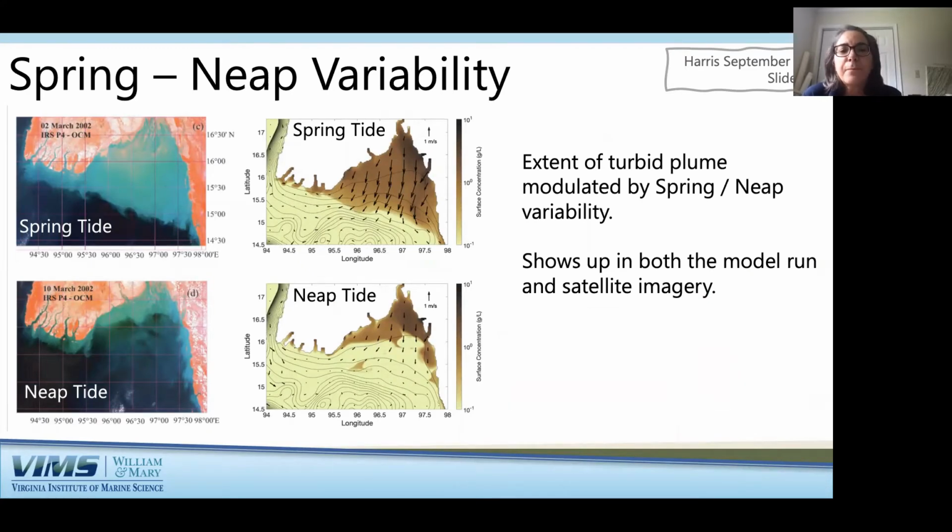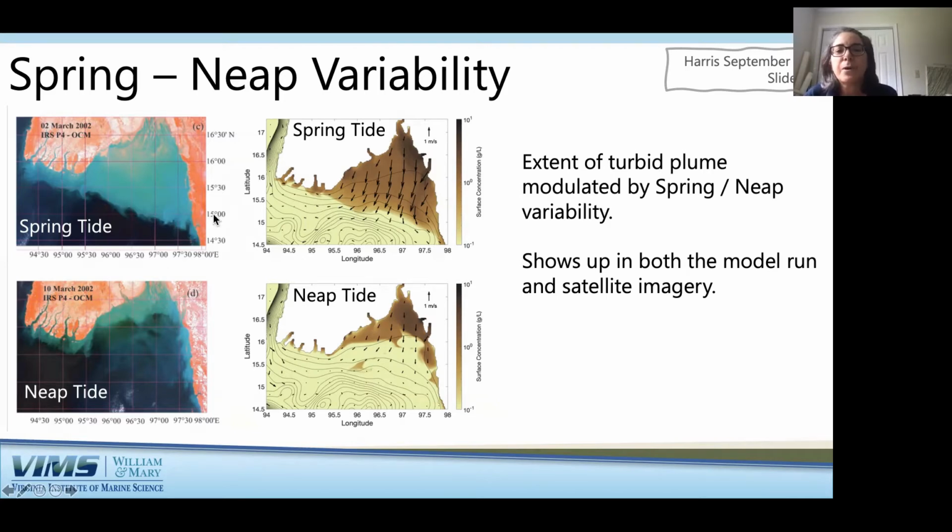So here, Matt Fair took his model runs over a spring tide cycle and a neap tide cycle, and he got really drastic differences in the extent of the turbidity. And it turns out that that matches up with what has been seen in satellite data, that the spring tides tend to have sediment at much further offshore than the neap tides.